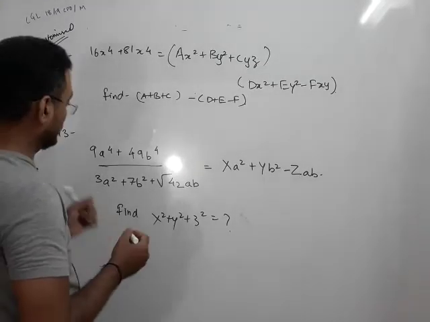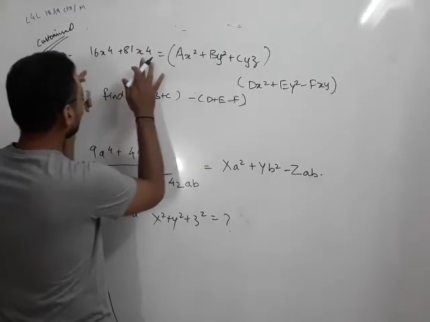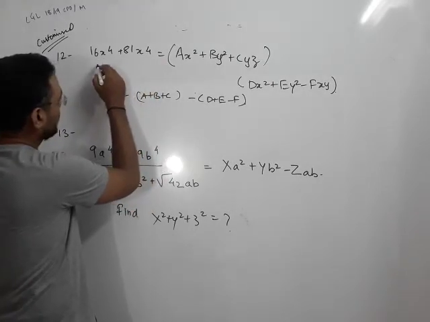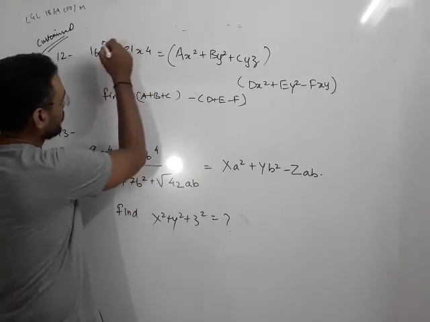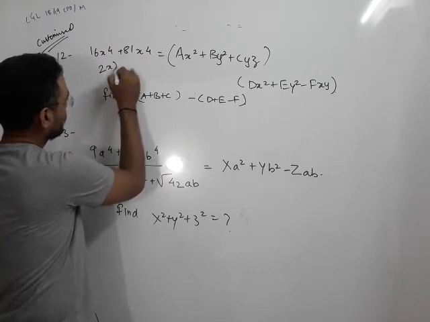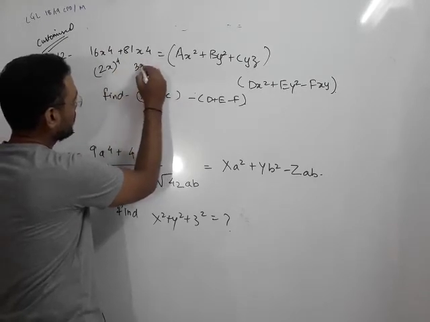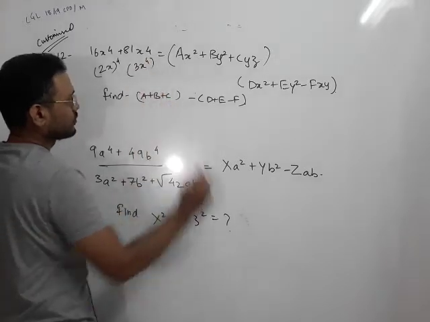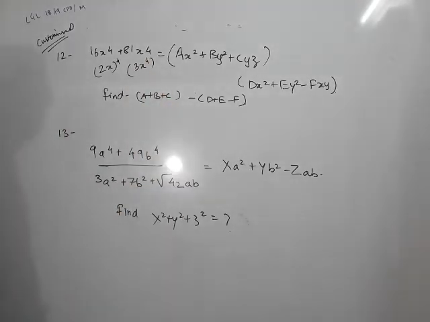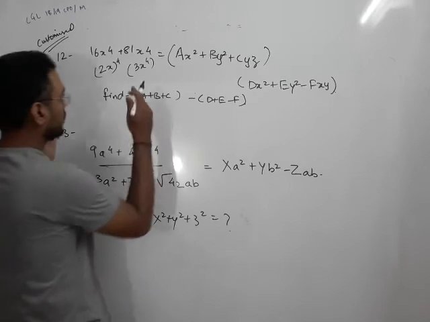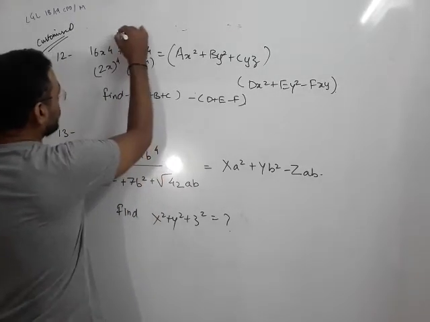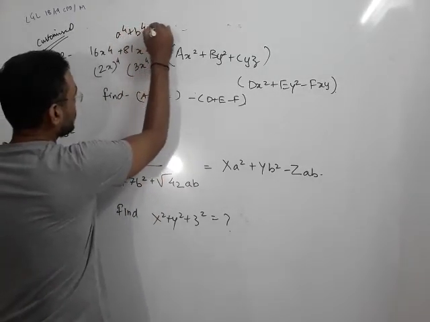There's no rocket science. It's a very simple logic. This is nothing else but 2 raised to 4, so this is 2x raised to 4 and this is 3y raised to 4. So what is a raised to 4 plus b raised to 4?